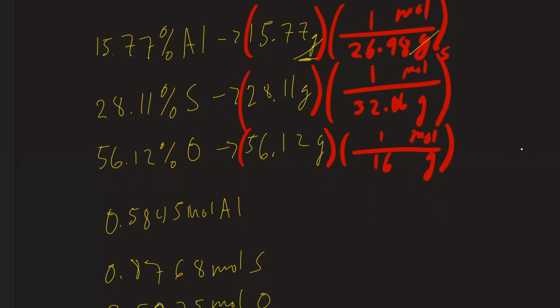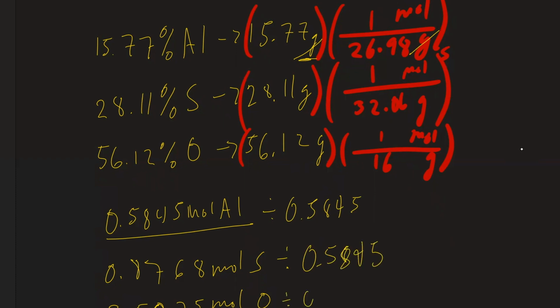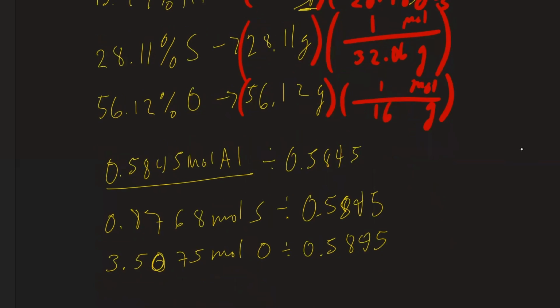which in this case is aluminum. So I'm going to divide by this number. The value I should get here is 1.